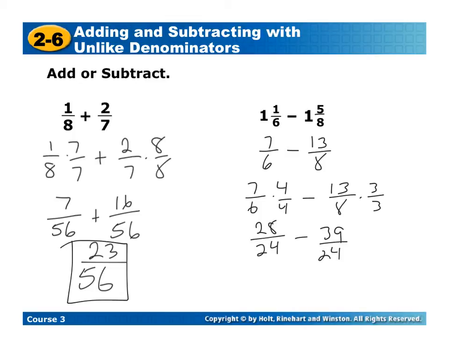Now we're going to subtract. 28 minus 39 gives us -11. Because 11 is prime and doesn't go into 24, that is our final answer.